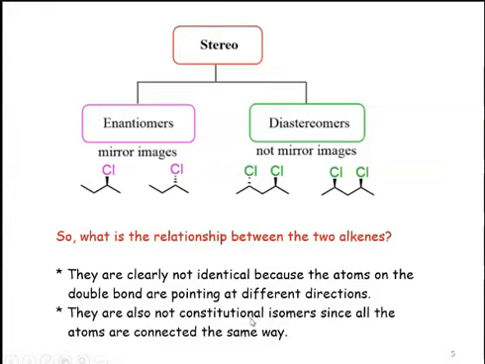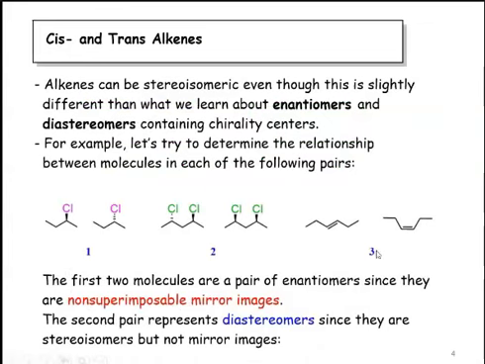Can we call them constitutional isomers? No. Since all the atoms are connected in the similar way, there is no change in connection of atoms. Sequence of attachment of atoms in the molecule remains the same. However, what is different between the two alkene molecules? In this example 3, the way they are attached or their orientation in space.